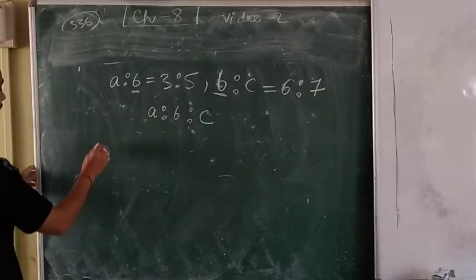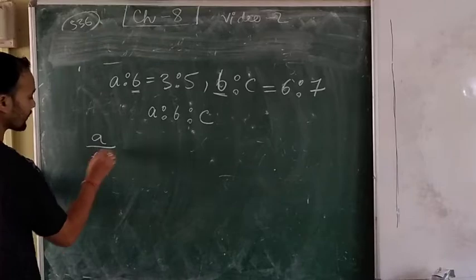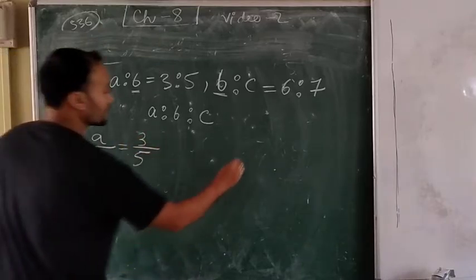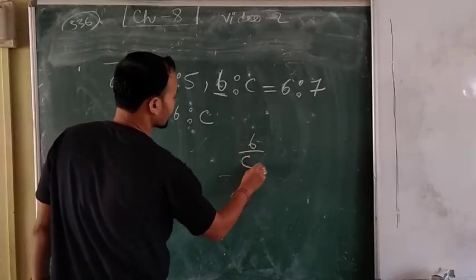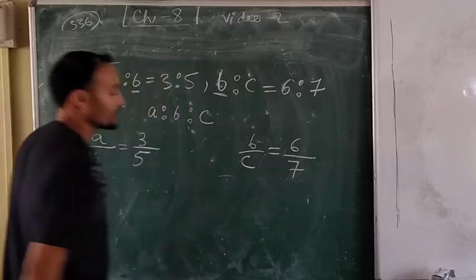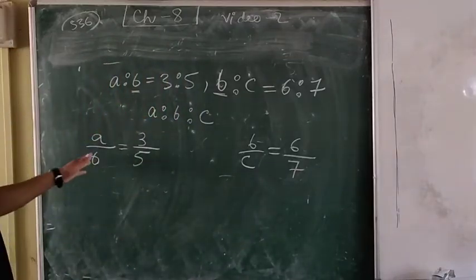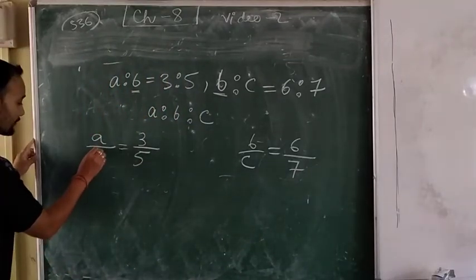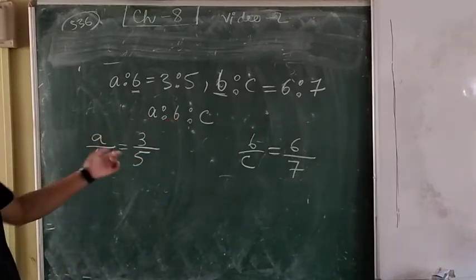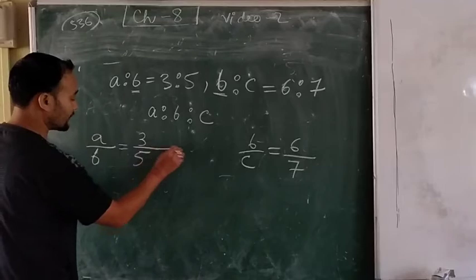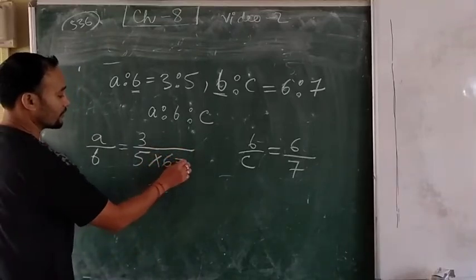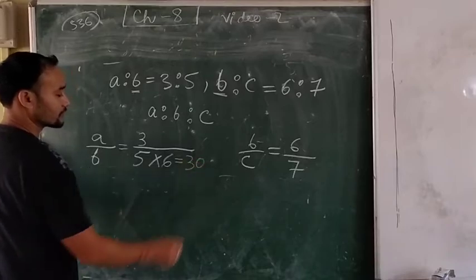Now see, A by B is equal to 3 by 5. B by C is equal to 6 by 7. We need to make the value of B here and there the same. Now here it is 5, there it is 6. If we multiply this 5 with 6, it will hold a value of 30.